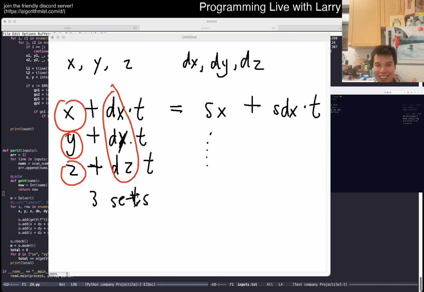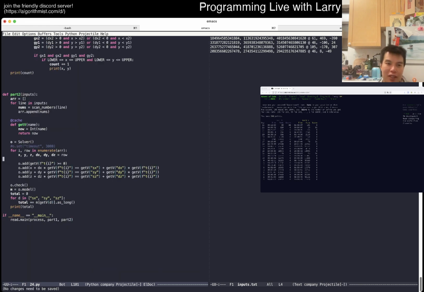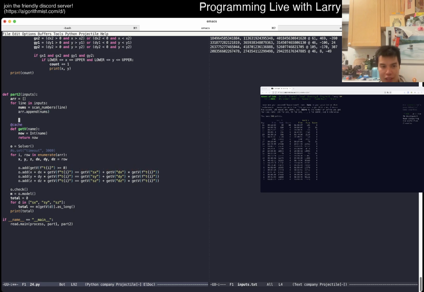That's basically what I did here. I have x, y, z, dx, dy, dz, and then I also constrained them to be greater than 0. I don't know if this is necessary. It probably is, or like, you know, it's free. And then otherwise you just plug in x, y, and z, and these are just like the z3 solver.